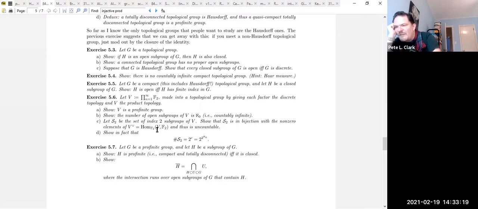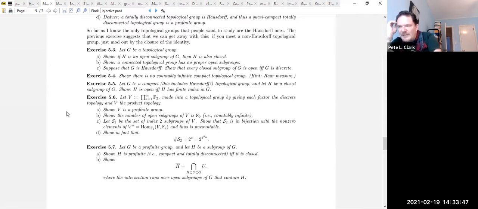Whenever you have a non-zero linear functional on any vector space over any field, the kernel gives you a subspace, but because the field is F2, if you know the kernel, you know where the linear functional is equal to 0. The only other value it takes is 1. So over F2, knowing the kernel of a linear functional determines the functional, whereas in general, it would determine it up to scaling or something.